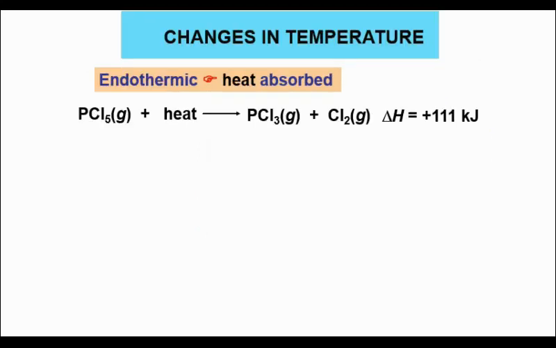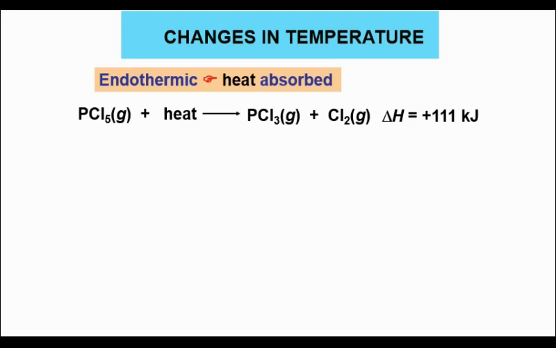In the previous slide, we already looked at the exothermic reaction system, and what increase or decrease in temperature will do to the equilibrium position. Now let's move on to what will happen when we increase or decrease temperature in an endothermic reaction. As we looked at before, an endothermic reaction is a reaction that absorbs heat.